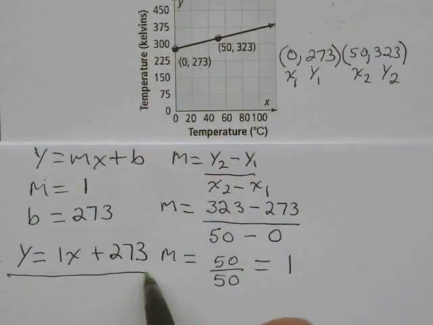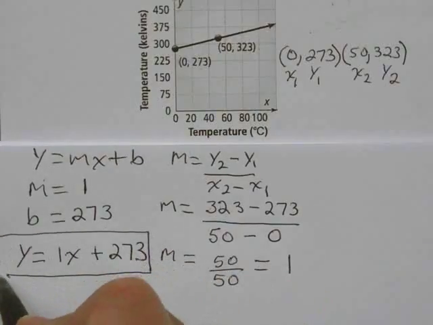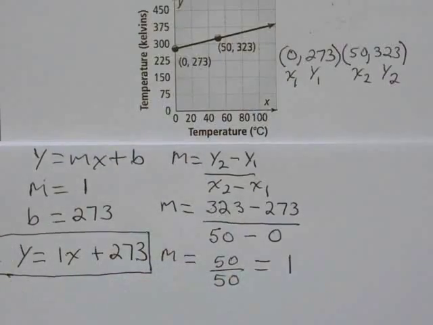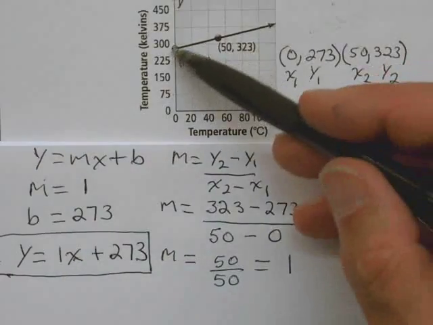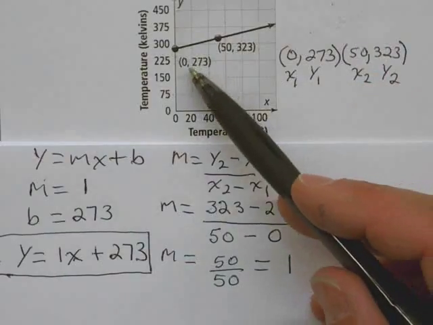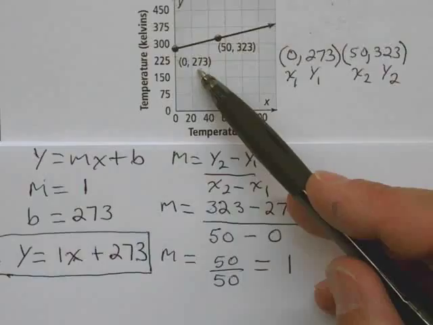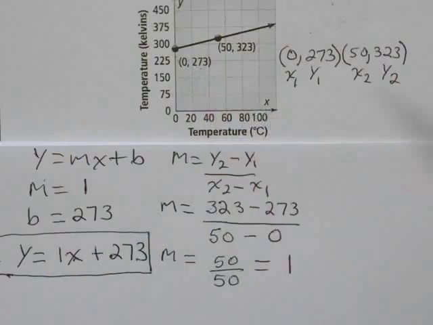See if I can box this one without ruining it. Once again, the real key factor here is that if you cannot find the y-intercept from looking at the graph, when you have a set of coordinates where x is 0 and y is whatever number it is, that number for y, when x is 0, is in fact your y-intercept.